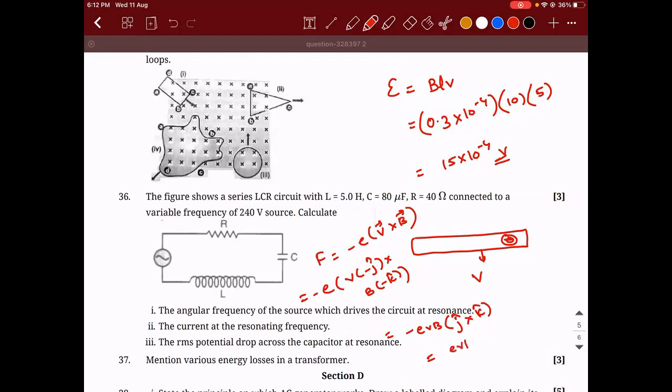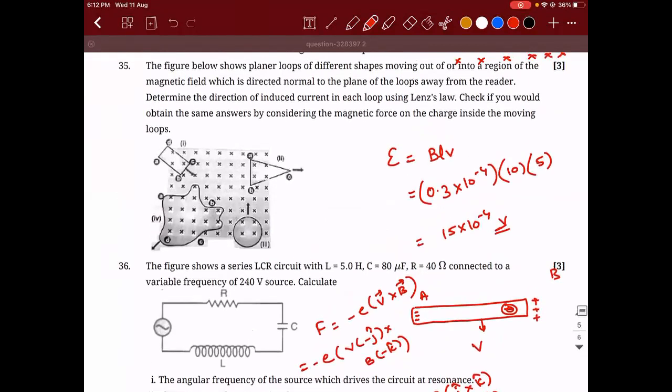So EVB into minus I cap. Force will act in this direction. So more amount of negative charge will get concentrated here. Positive will be here. So point B is at higher potential and A is at lower potential.